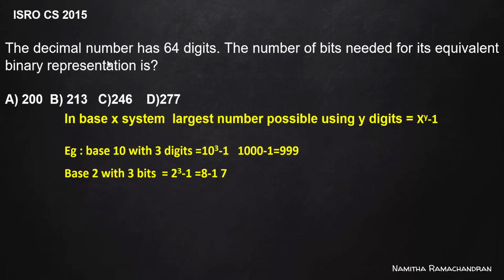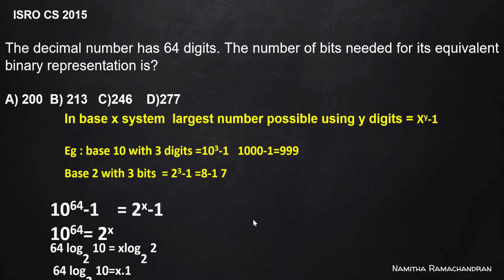Based on this, in a decimal system, that is base 10, using 64 digits, we can write 10 to the power 64 minus 1. This is the largest number possible in decimal with 64 digits. Now we need the number of bits needed for its equivalent binary representation.